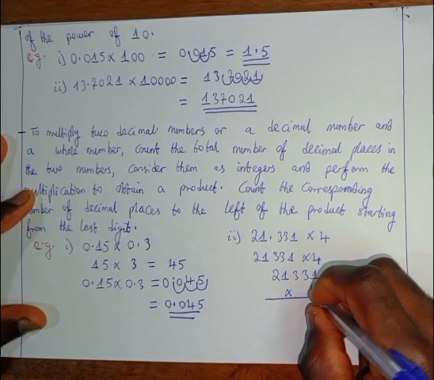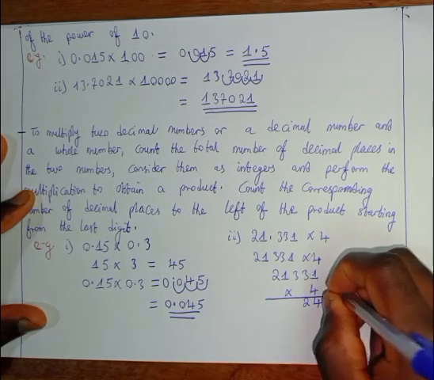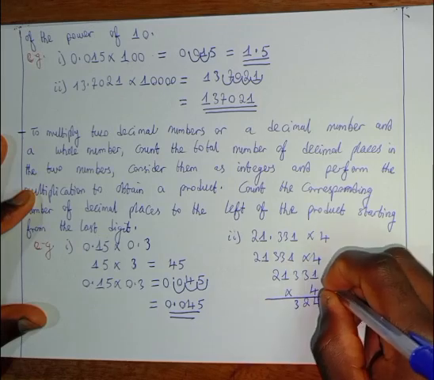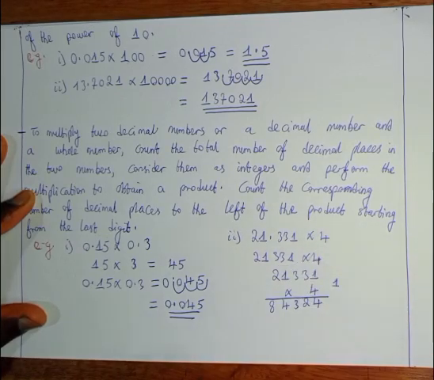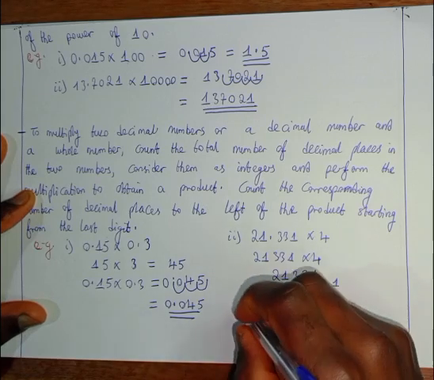4 times 1 gives us 4. 4 times 3, 12. We're going to write down 2, we carry 1. 4 times 3, 12. The 1 we carry 13. We write down 3, we carry 1. 4 times 1, 4. 4 times 2, 8. So it gives us 84,324.